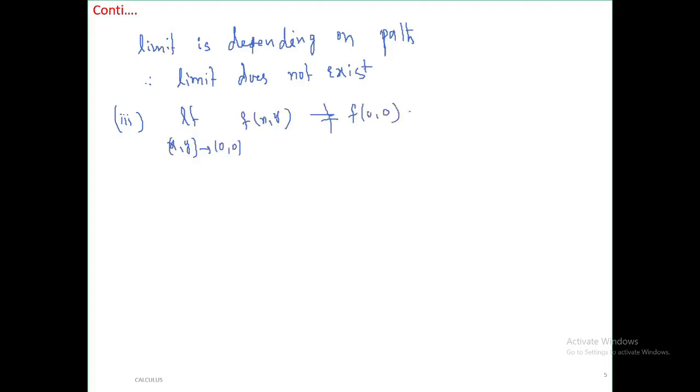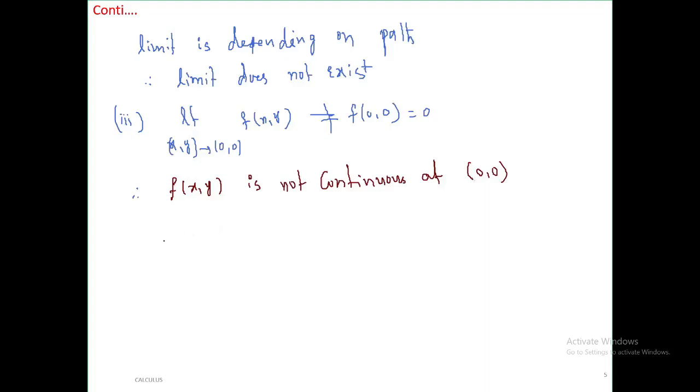It is 0, but the limit is not equal to it. Therefore the conclusion is f of x comma y is not continuous at 0 comma 0.